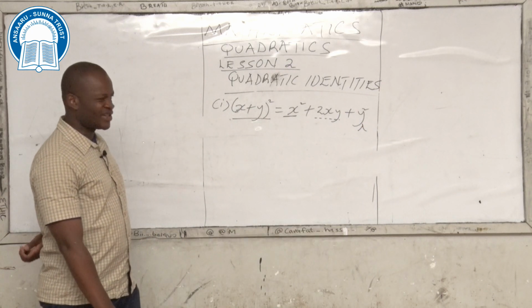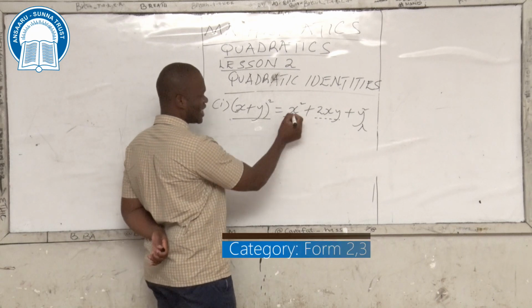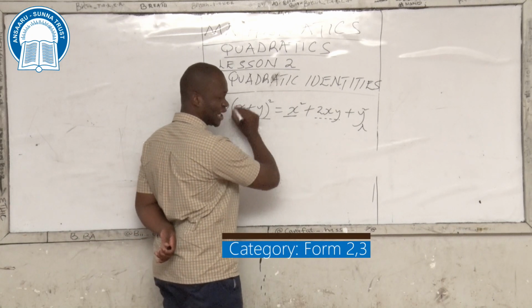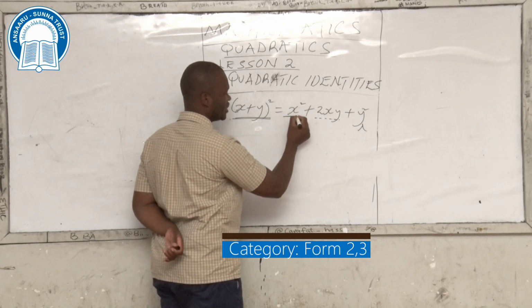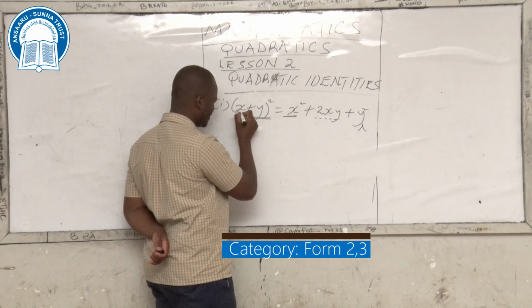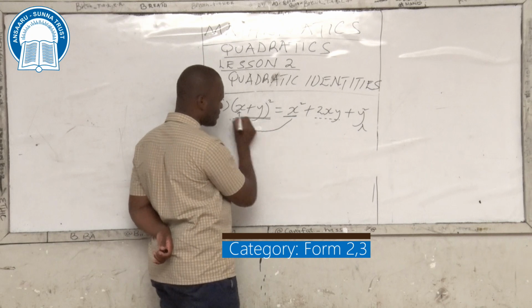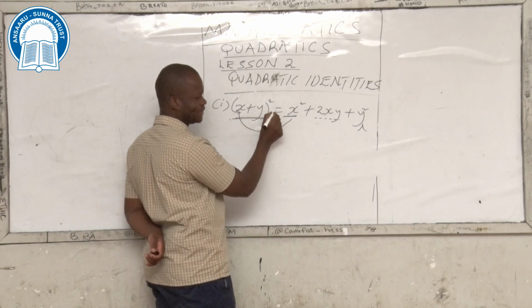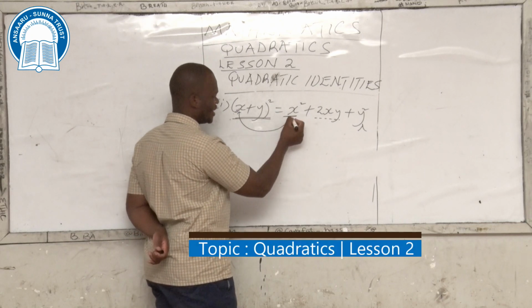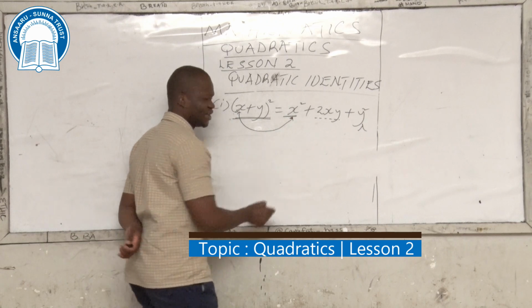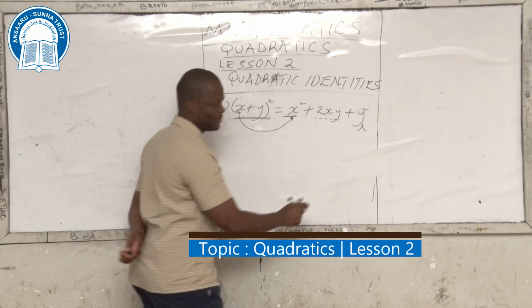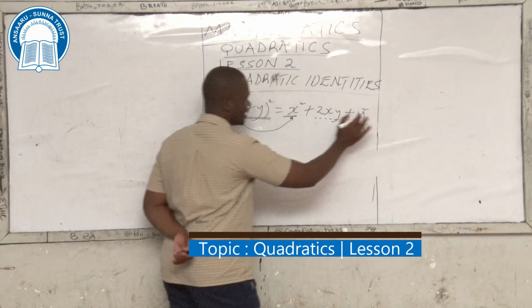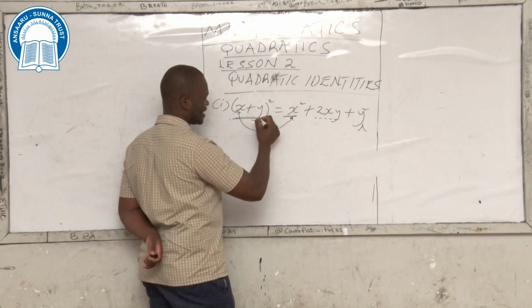So how do we get the first term? The first term in the outcome of this expansion, which is x squared, is found by taking the first term in the bracket on the left hand side and squaring it. Then our third term in the outcome is normally found by doing what?